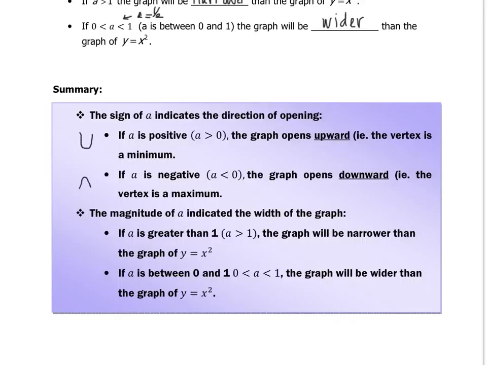So if the magnitude of A, meaning the absolute value of A, where you basically ignore the negative, which would always equal just the positive value of A, is greater than 1, the graph will be narrower. But if the A value is between 0 and 1, again ignoring the negative, the graph will be wider.